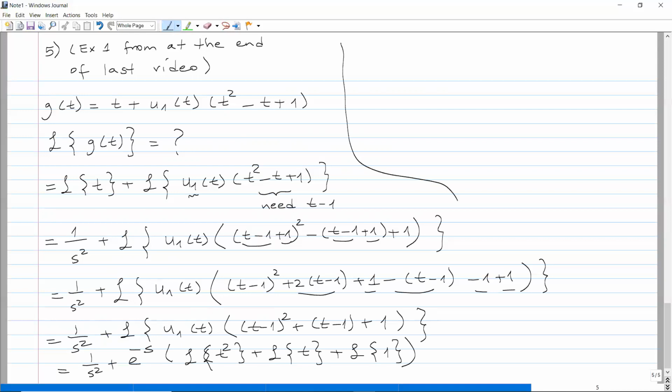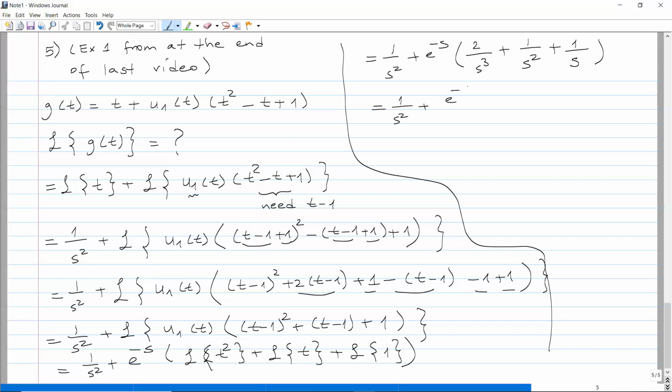So let me go back here. Laplace transform of t squared, 2 over s cubed. Laplace transform of t, 1 over s squared. Laplace transform of 1, 1 over s. So 1 over s squared, e to the minus s.